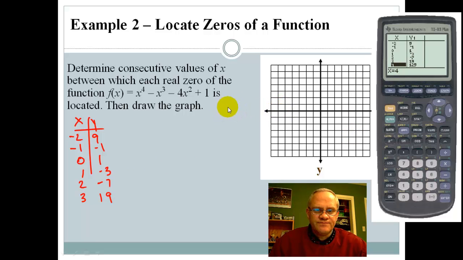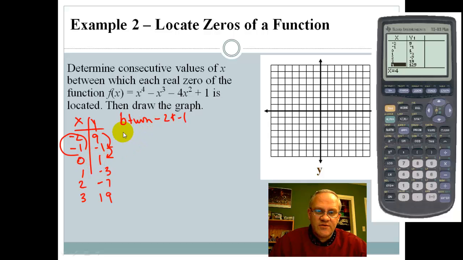Okay, so what we want to do here is figure out where the zeros are. Well, it's going from positive to negative here. So that means one of the zeros is going to be between -2 and -1. Remember, it's the x values we're talking about. Then you notice it goes from negative to positive.